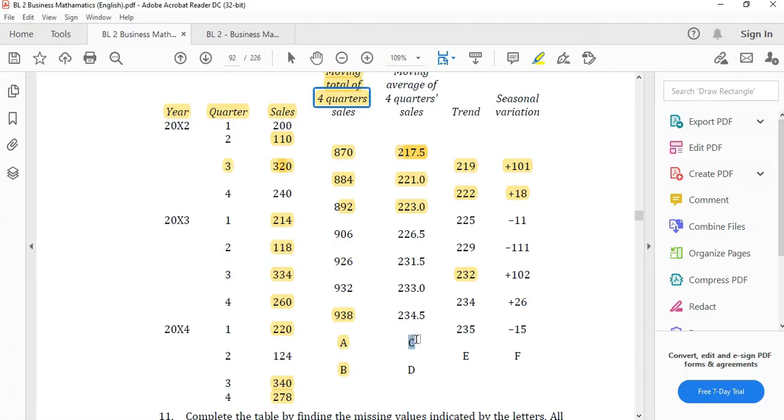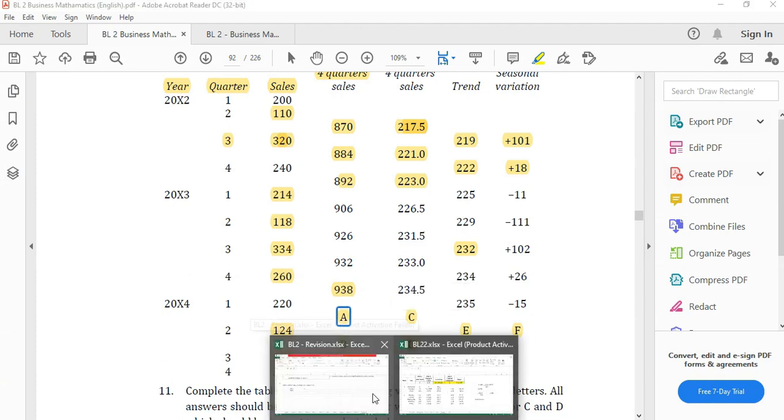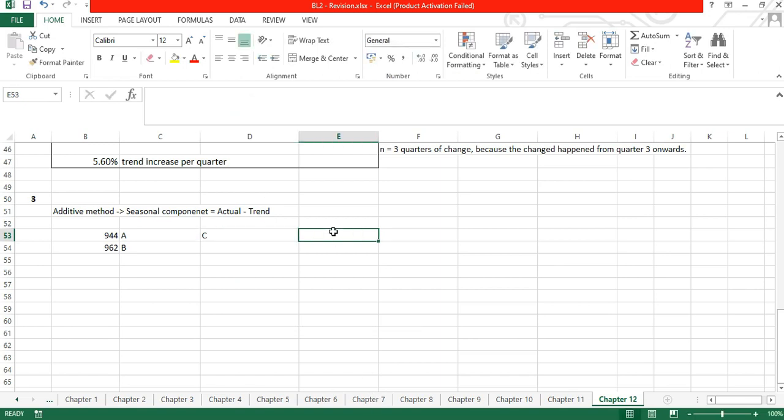Now let's find C. C is the average of A, isn't it? So average of A is what? 944 divided by 4 because A and B are the addition of four quarters, the moving total of four quarters.